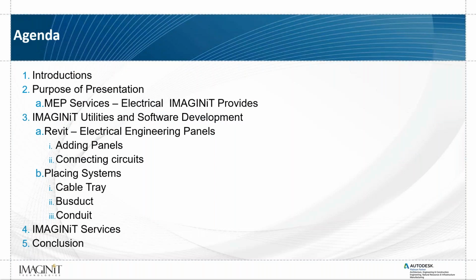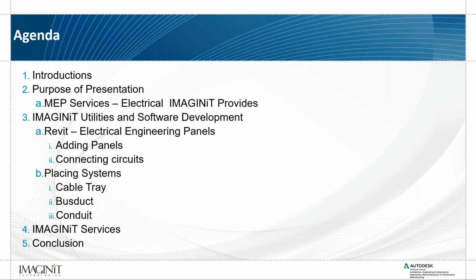Just some quick introductions. This is our agenda for today. We're going to go through a couple of introductions, the purpose of the presentation, some of the MEP services that Imaginative will provide, Imaginative utilities and software development, Revit. Then we're going to get into the meat of the Revit. We're going to look at engineering the electrical panels, adding those panels and connecting circuits from the design stage.